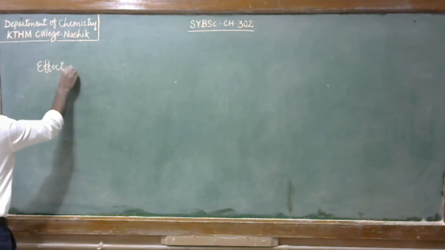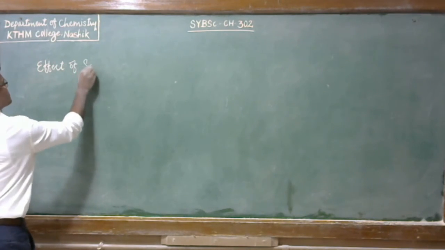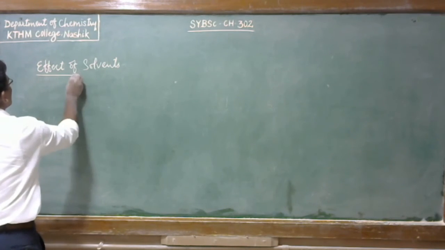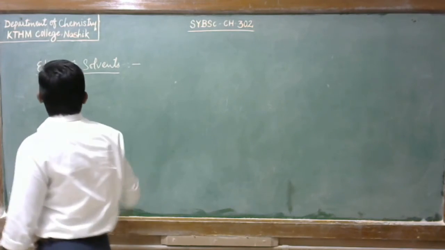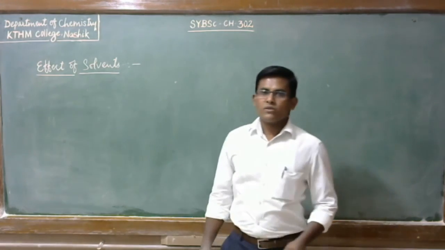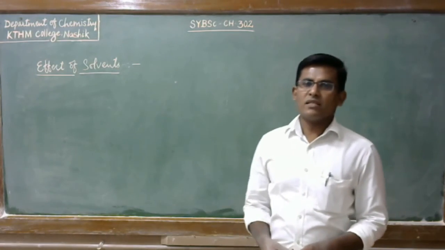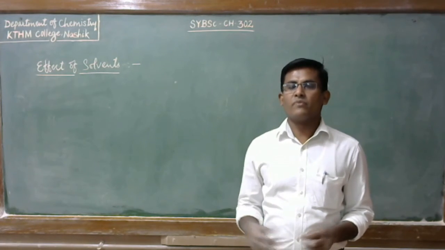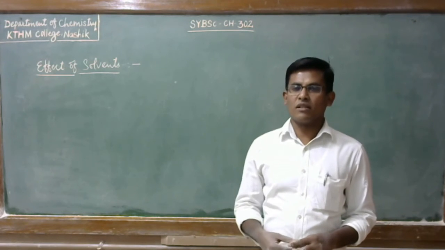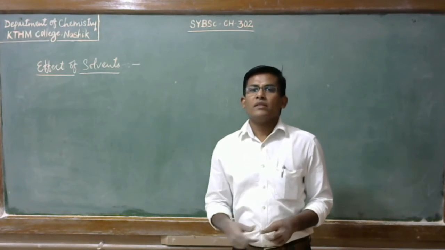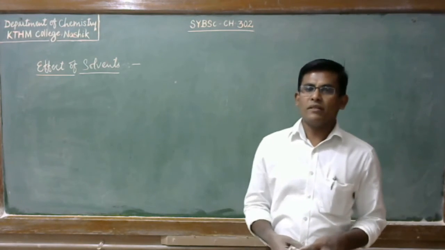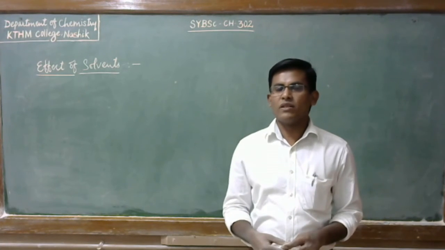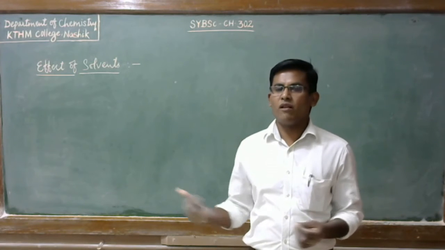Effect of solvent. In the SN1 reaction, the solvent plays an important role in the rate of the reaction. In the first step, ionization takes place, so carbocation and halide ion will be formed.